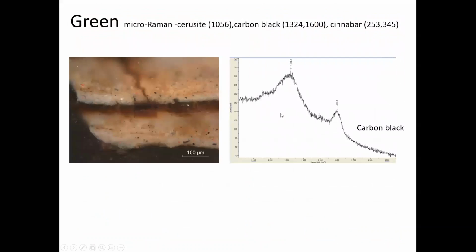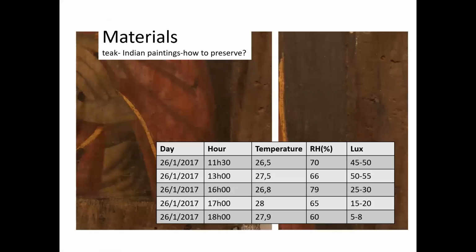And we can see here the green that is brown now, right? The layer of green here between other layers. So this green has changed due to the thermohygrometrical conditions.